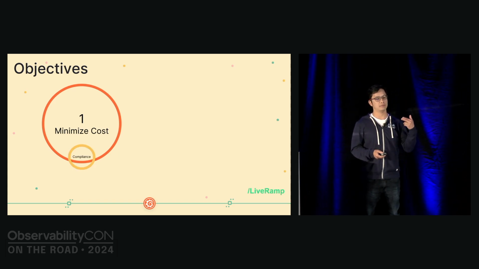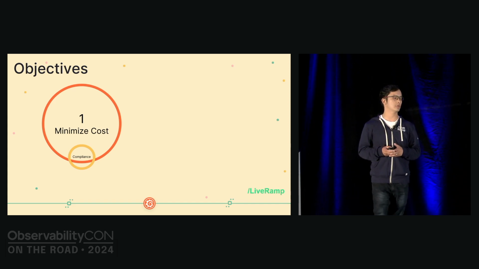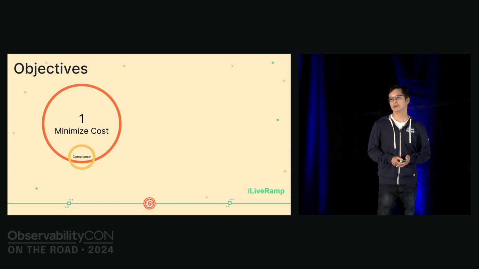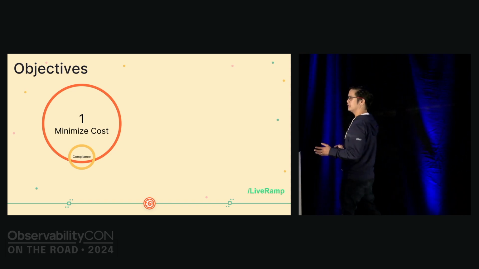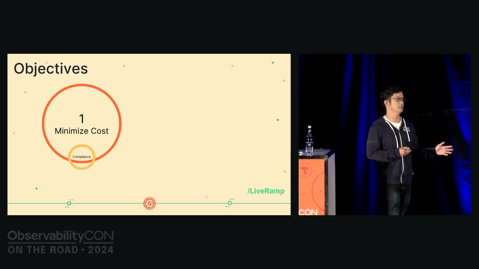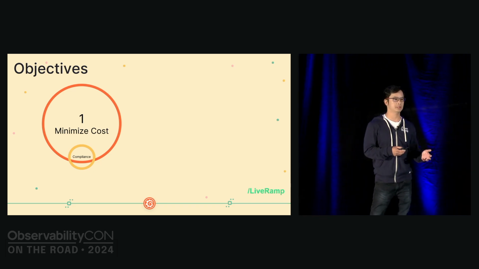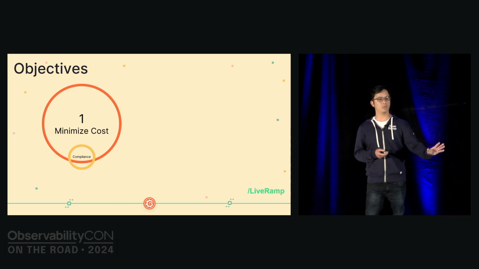So that's number one, but we have a small compliance requirement as well. We want to make sure that all the data we send, logs, metrics, traces, and everything that flows to Grafana Cloud, doesn't have PII or confidential information. And so that's our number one objective.